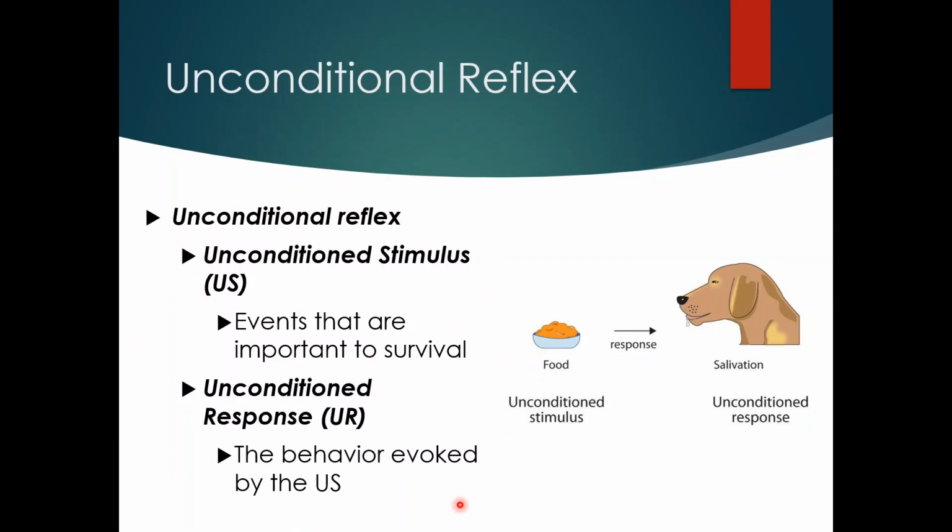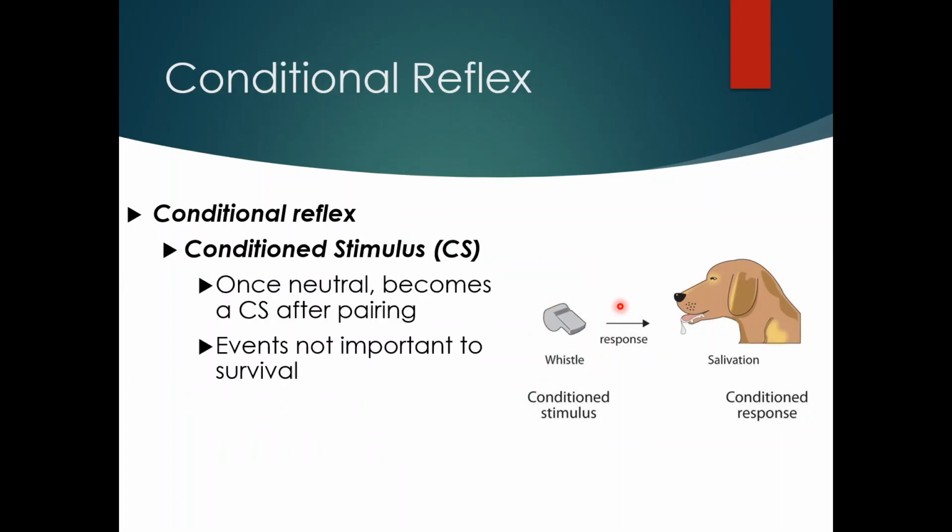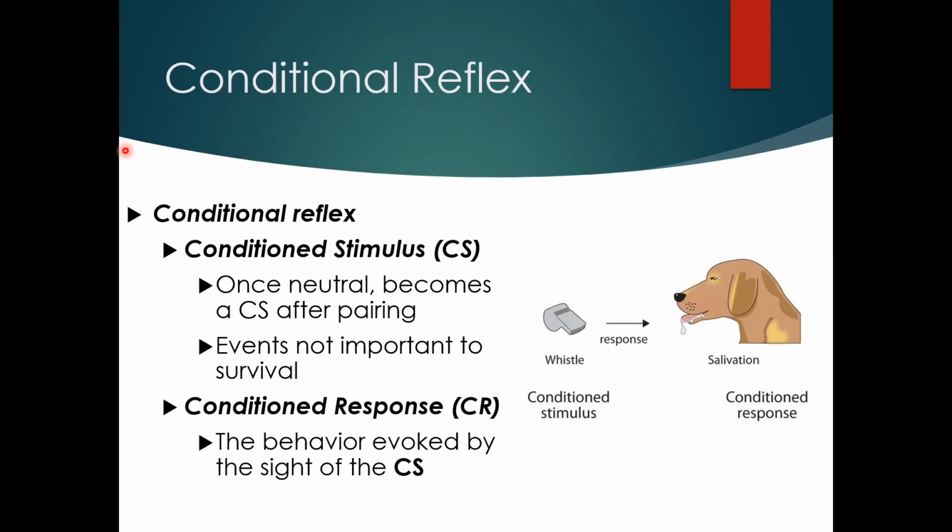If you think back to the lecture where we talked about reflexes, remember a reflex isn't just a behavior, but rather a relationship between a stimulus and a behavior. In this situation, that unconditional reflex is the relationship between the unconditioned stimulus and the unconditioned response. The conditional reflex refers to the relationship between the conditioned stimulus and the conditioned response.